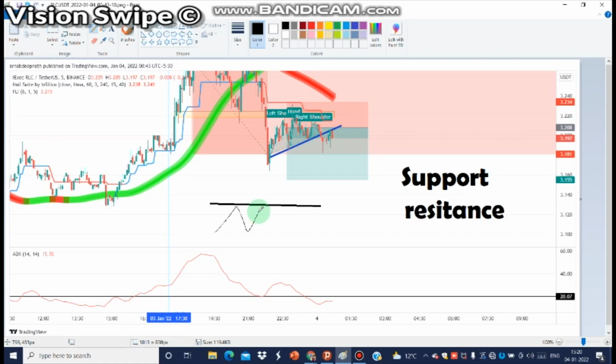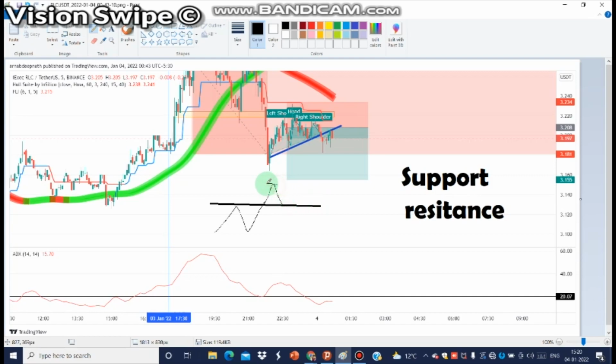Another scenario is that this trade breaks this line, that means it has broken this resistance. Now it may go directly up from here, but principle doesn't suggest that. What might happen is that it will go up like this, then come down and make a confirmation that this resistance has been converted into a support.